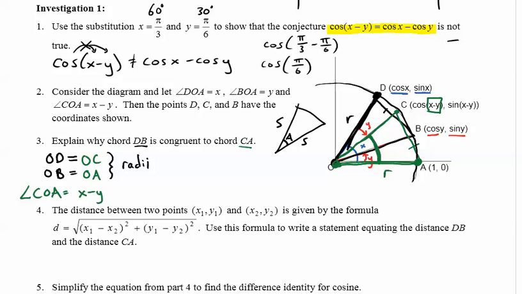Angle DOB is also x minus y, because it's the difference going from y to x. So that's the same angle. So now triangle DOB is congruent to triangle COA because of side angle side.